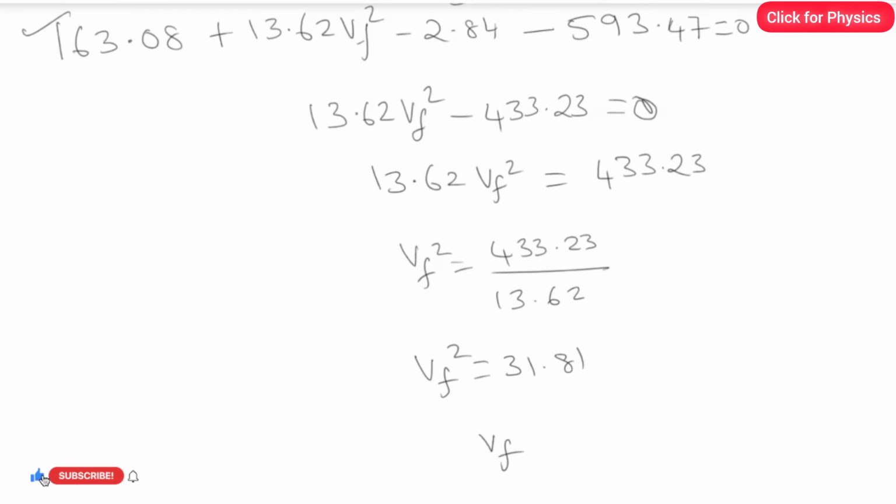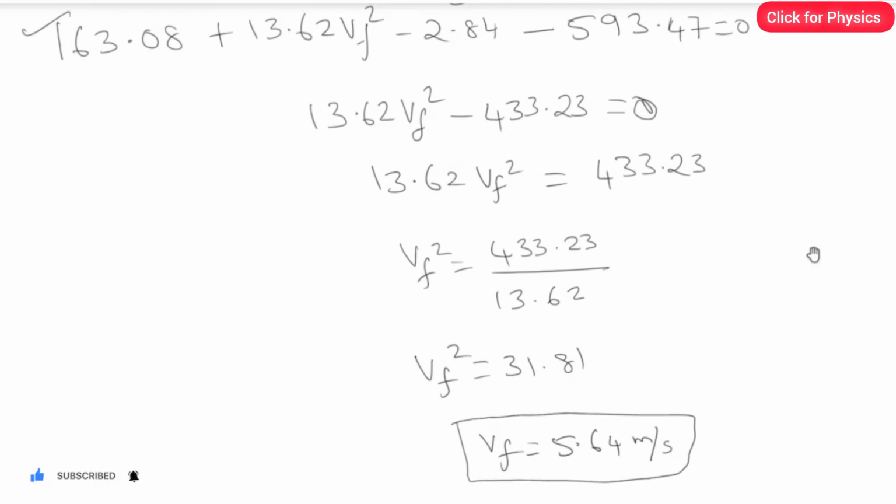Therefore, Vf is nothing but square root of this number, right? So square root of 31.81, I got 5.64 meter per second. So this is the answer for part B.